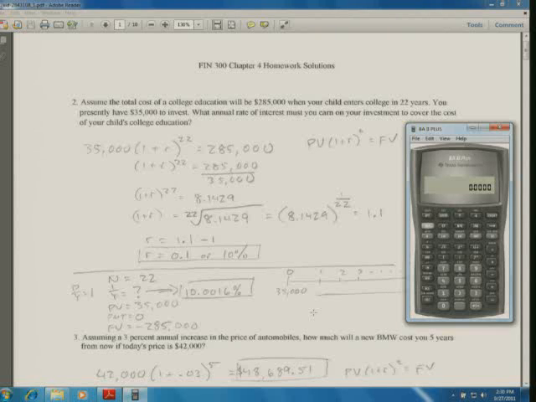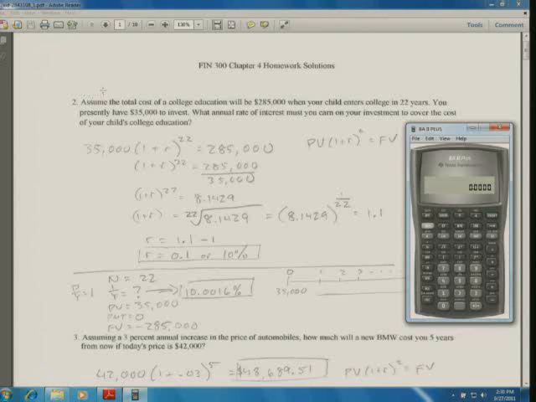I know it's a lot of time to invest up front to calculate the algebra first, rather than learning to use your calculator. But if you go through the problems at least once using just the algebra before you start using your calculator, I can promise you you're going to save yourself an awful lot of time in the long run, when later on you're just trying to use the time value keys and you don't know what to put where, because you're not sure what the calculator is actually doing for you. So I encourage you to do the algebra first.